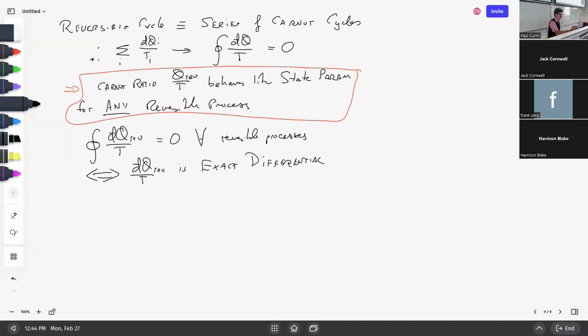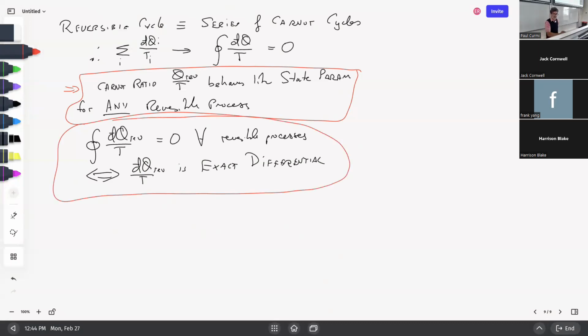So major statement, and then gives us the final major statement, Clausius definition of entropy.